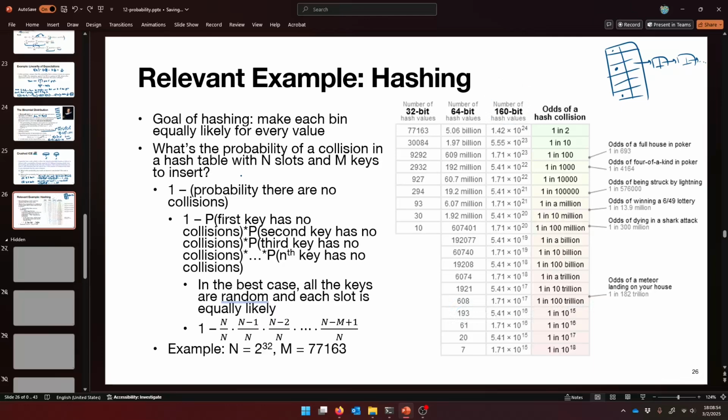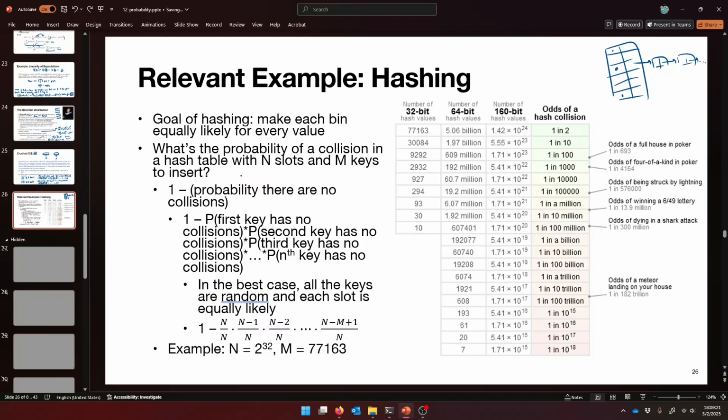And it's just a fun graphic to look at to see where things are. Here's the odds of dying in a shark attack, at 1 in 100 million. The odds of you colliding with 4 billion slots in your hash table, inserting 10 keys, is on average the same as you dying in a shark attack. Isn't that interesting? I think that's fun to think about.